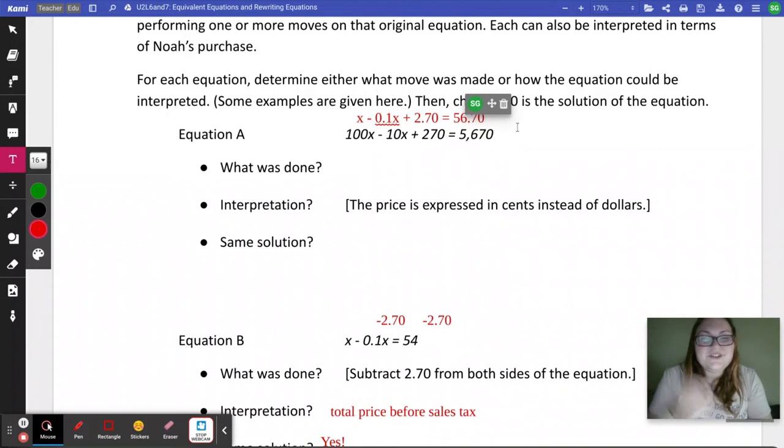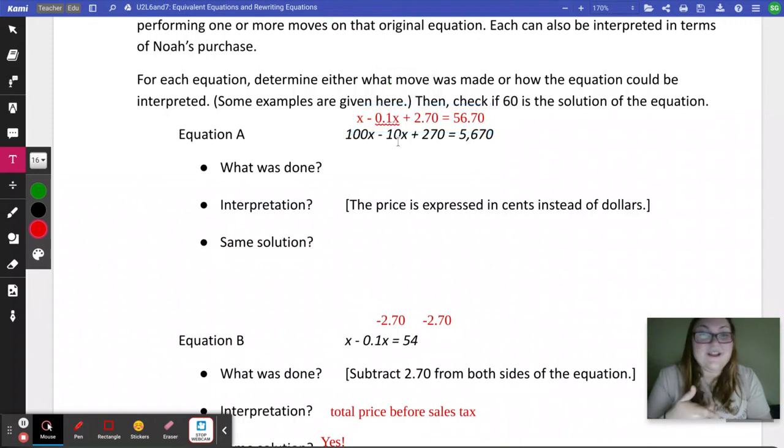Well, this equation was changed from dollars into cents using multiplication. How many cents is in $1? 100. We multiplied this first equation here by 100. And I want to be more specific. What did we multiply by 100? Did I multiply x by 100? Yep. Did I multiply that 0.01x by 100?